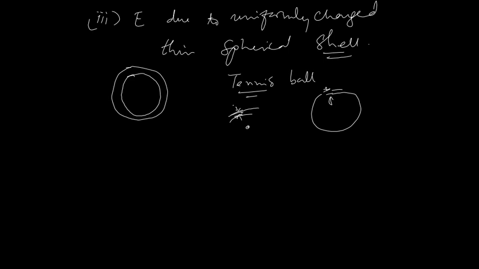So you are seeing the first picture. Assume the radius to be capital R, and let us suppose we have a point P on the dotted line circle. The dotted line circle is an imaginary thing.